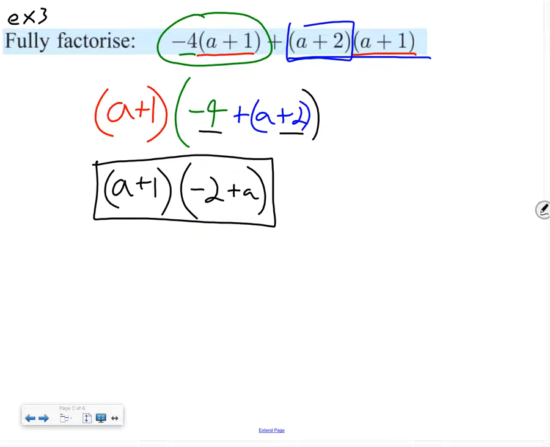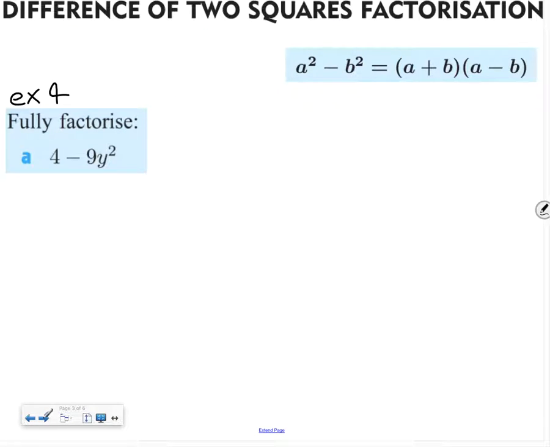Let's look at example 4. This is bringing in the difference of two squares. Remember in previous units, we looked at how if we have an a and an a, those are the same terms, and a b and a b, but they are different by their signs.